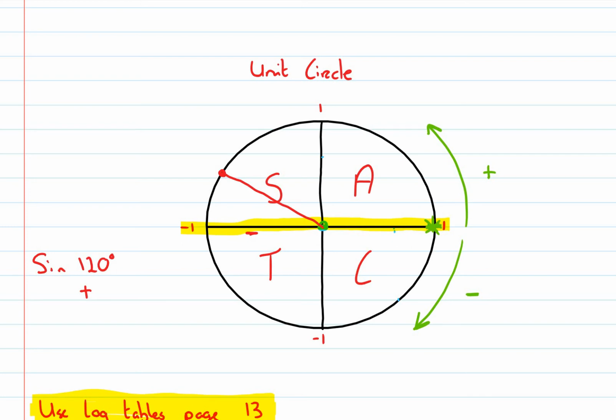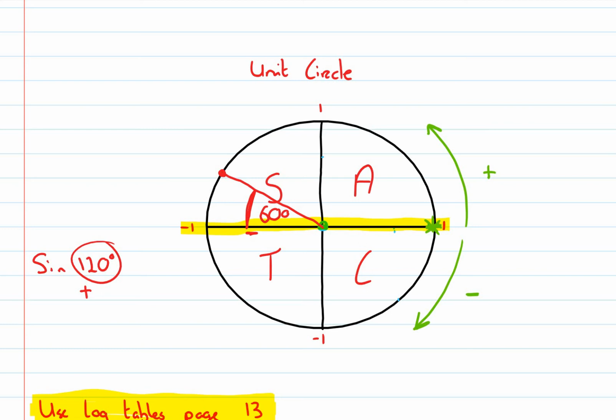Okay, but that 120 degrees is more than 90, so we need a reference angle. The reference angle is this here. Okay, it's the angle between, I suppose, the 120 and this x-axis, this yellow line. So we know that that's 60 degrees. Okay, because from here all the way around to here is 180, so 180 minus 120, 60 degrees.